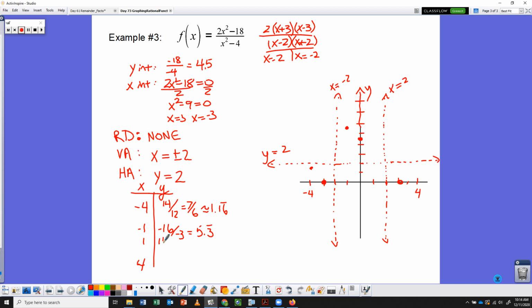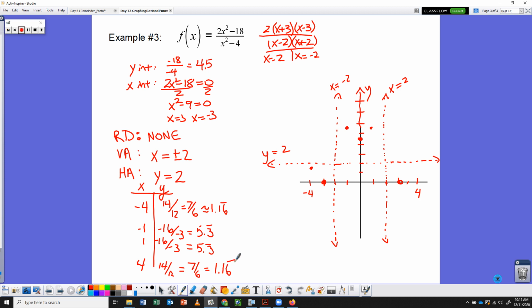So you're going to get negative 16 over negative 3, which again is 5.3 repeating, about here. And when you put positive 4 into the formula, you're going to get the same answer as when you put negative 4 into the formula. You're going to get 14 over 12, which is 7/6, which is about 1.16 repeating.